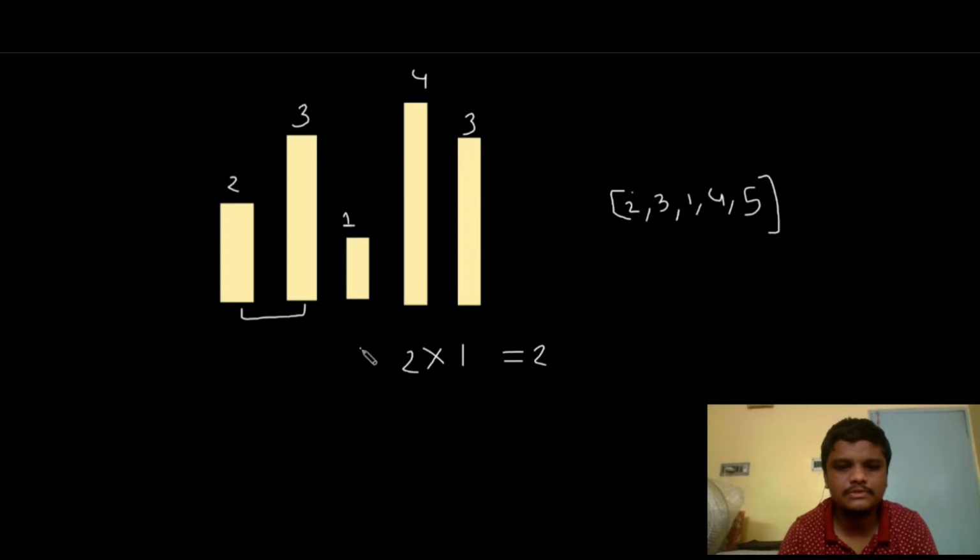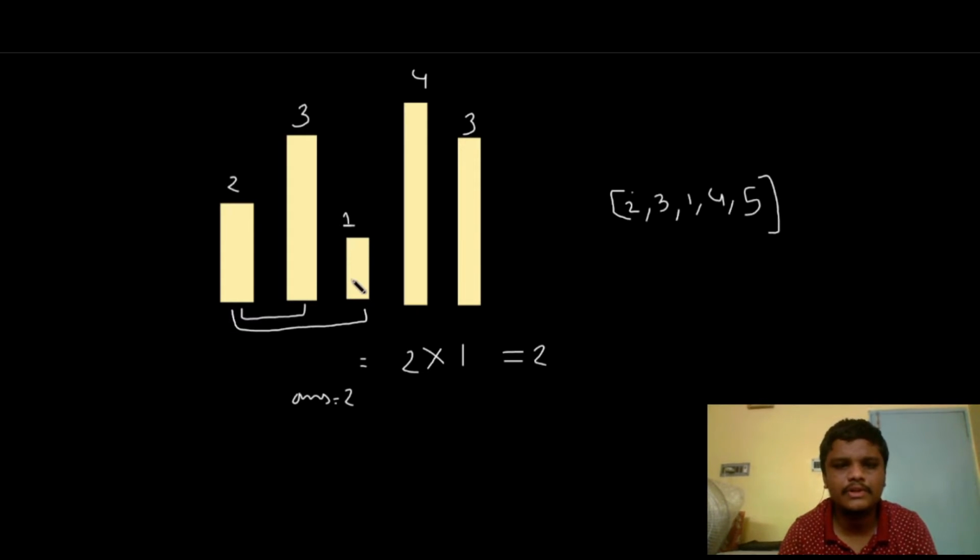Now we're gonna store that 2 in a variable. Let's say the variable is answer. This variable is going to give me the maximum area. Next we check 2 comma 1.